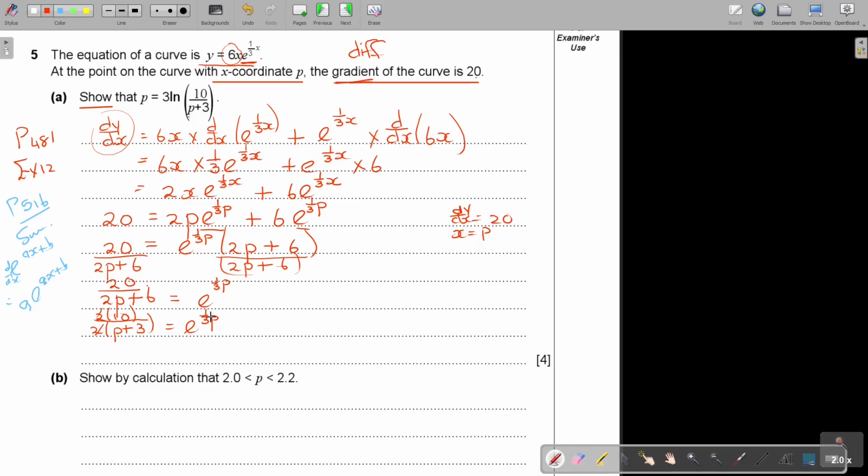Now I can go from exponential form to logarithmic form, ln form. So I can have ln, okay, there, and I swap the side. So I say 10 over p plus 3, and that is equal to 1/3 p.